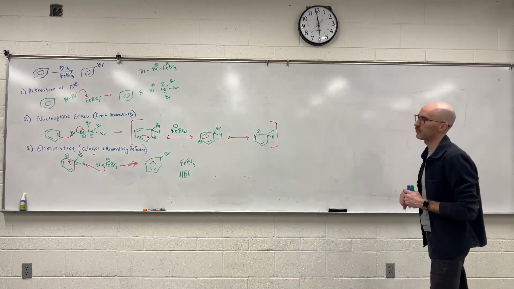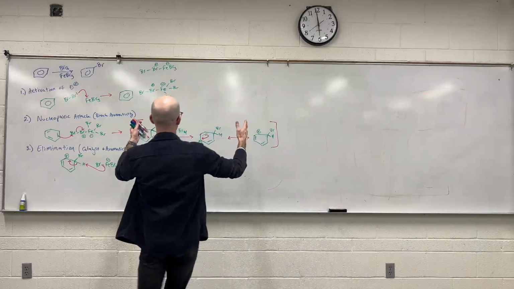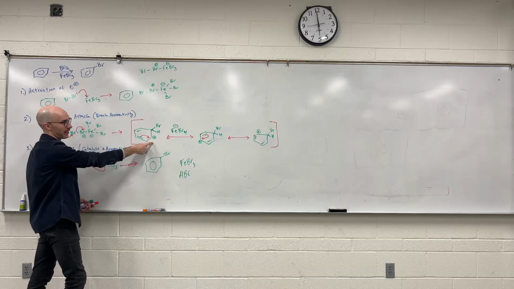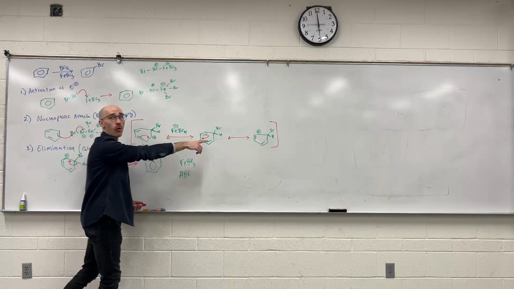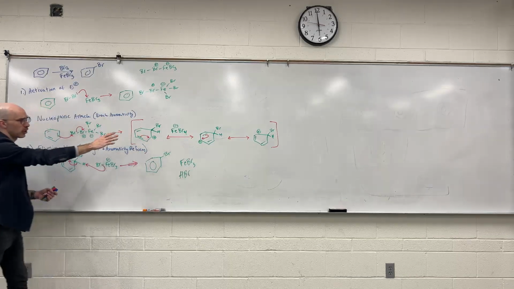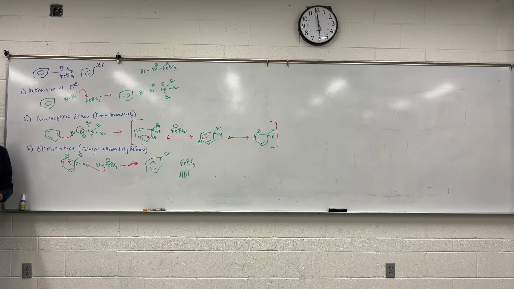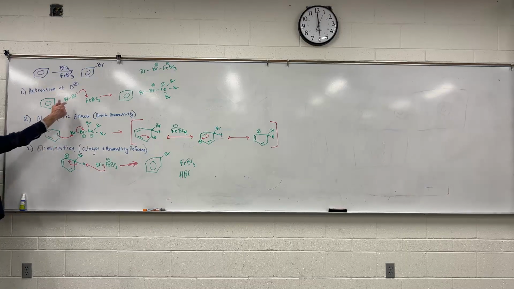Okay, I have a second question for you. Should I have drawn the resonance forms when the sigma complex formed? Or should I have drawn the resonance forms down here before the elimination step? It doesn't matter, does it? Because if you don't want to draw your mechanism stepwise, then your mechanism might look like this.